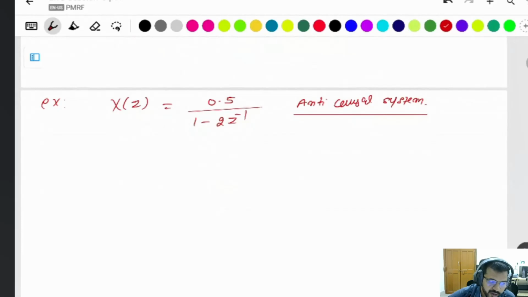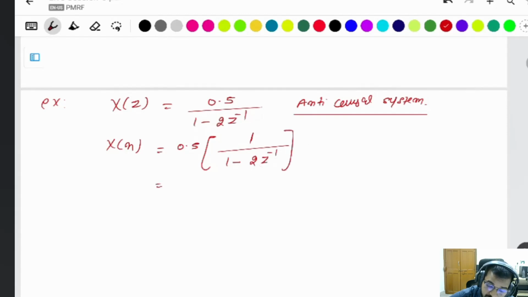In this case, we have to find x[n]. We know 0.5 times 1 over (1 minus alpha z inverse), but the system is anti-causal. The alpha here is 2.